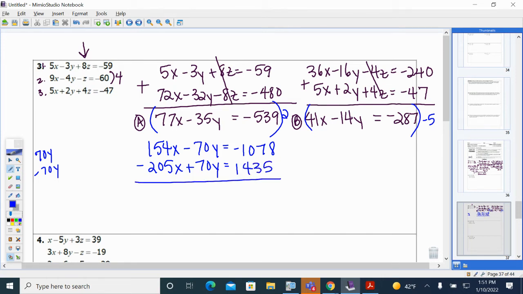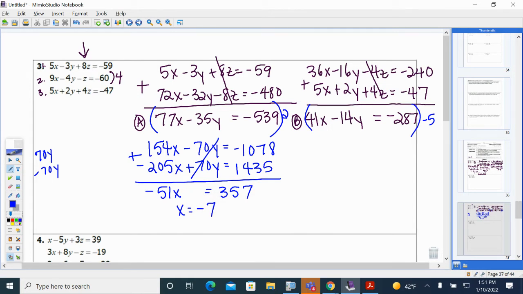And we can add, and the y's go away. So now I've got 154 plus negative 205 gives me negative 51x. The y's are gone. Negative 1,078 plus 1,435 is 357. And divide by negative 51. And we get x equals negative 7.